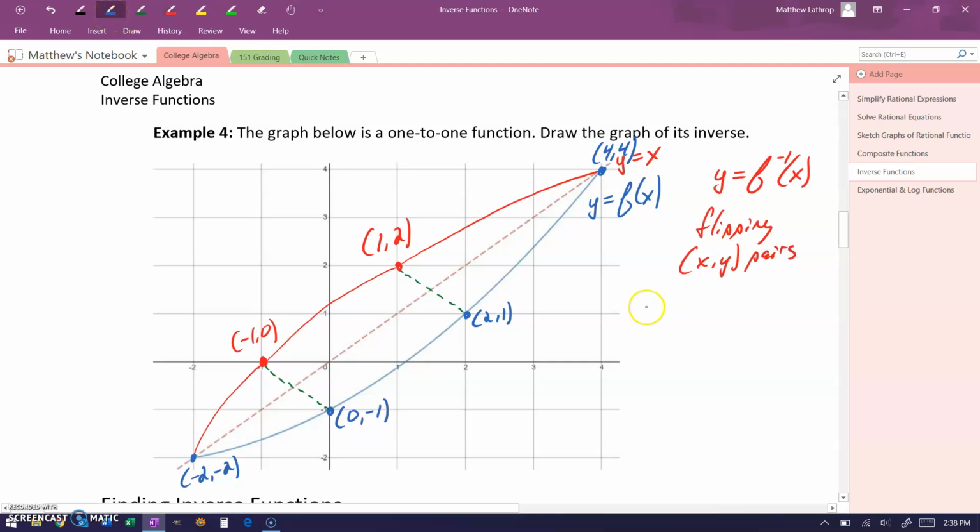So with our function f of x, every coordinate pair x, y, when we make that reflection, becomes a new pair y comma x. So essentially those coordinate pairs are just being flipped. We had the point 2, 1, and then the point 1, 2.